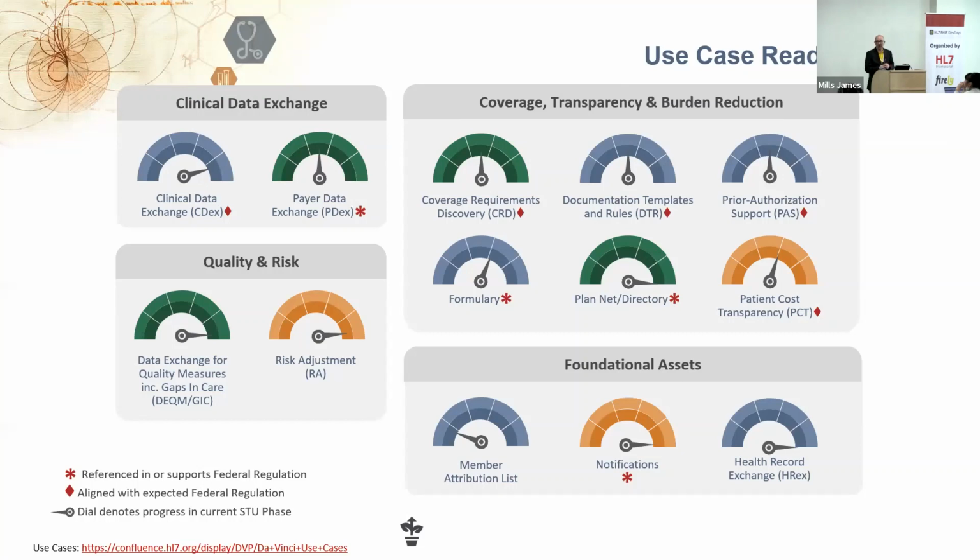So if anyone asks you, is there FHIR in the real world, you can certainly point to not only the EHR vendors and the work that's been done there, but also to the payer community in adopting the patient access API. And then we have a number of other IGs that we call foundational IGs around notifications using FHIR and member attribution, or just patient lists in FHIR. But the one we're going to talk about today is this patient cost transparency.